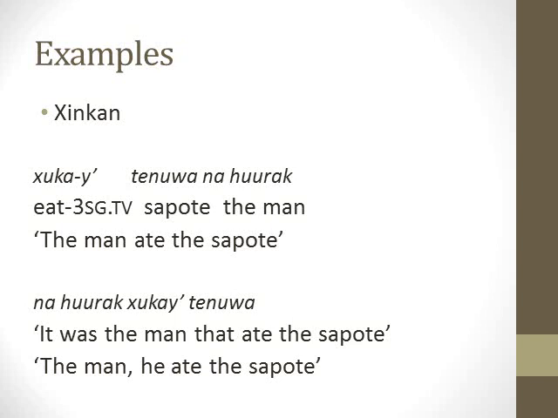Here's another example from a different language. This is a language called Xincan. It is spoken in southeastern Guatemala. There's currently one speaker, but all the information that I present here comes from past documentation and work with this language. Now, as we look at these examples, we need to understand interlinear glossing a little bit.